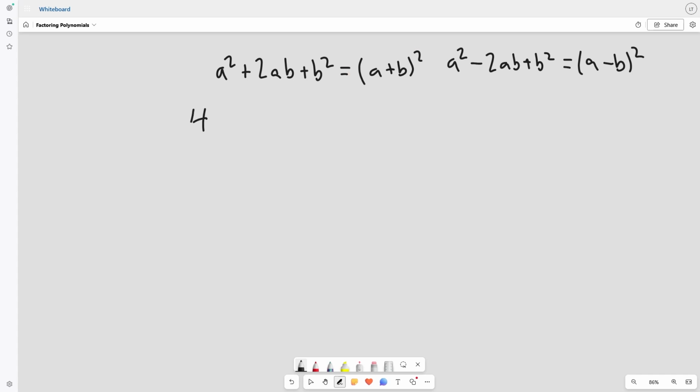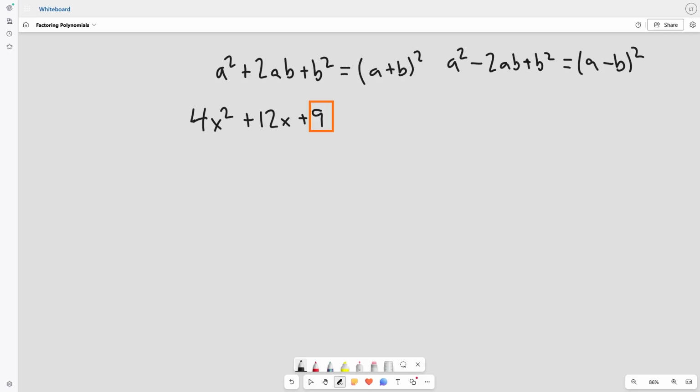Say you have 4x squared plus 12x plus 9. And what you'll notice here is this leading term is a perfect square. And so is the last term here, the constant.